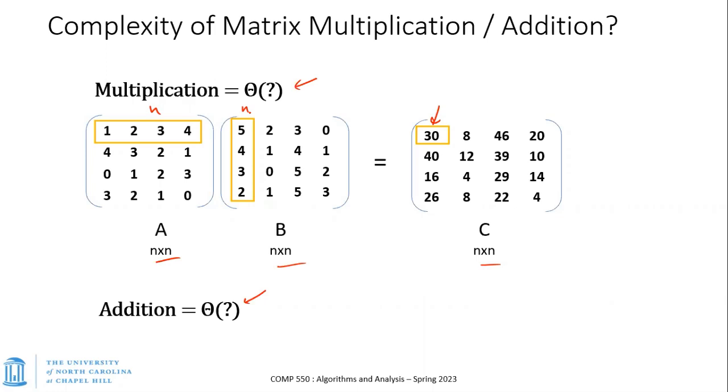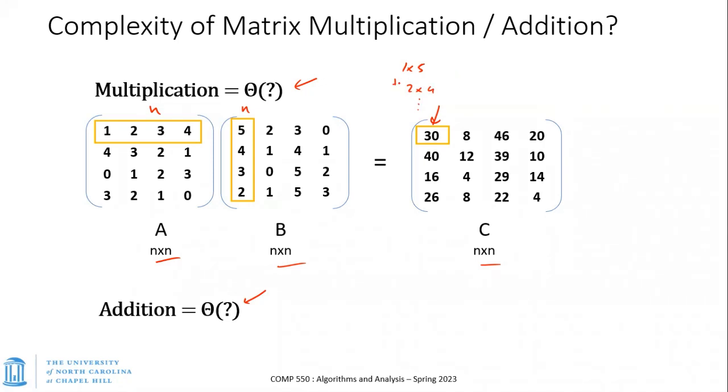Is that order of n, order of n squared, order of n cubed, order of n log n? It's fairly straightforward. So what are we doing over here? We're doing 1 times 5 plus 2 times 4 and so on. So the question is, what's the complexity?